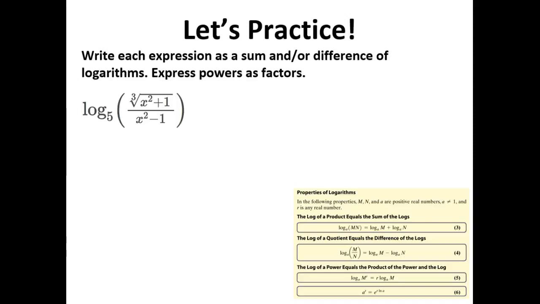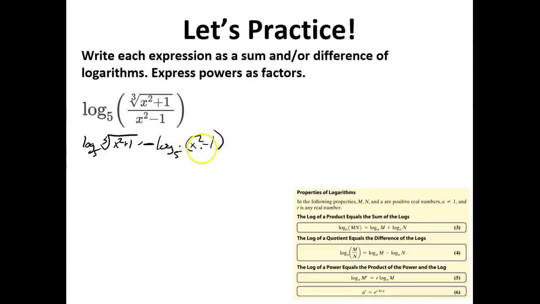Here, this one gets a little bit longer, but still doable. Here we have a quotient. We have something over top of something else. So that's log base 5 of cube root of x squared plus 1, that's the log of the top minus the log of the bottom, x squared minus 1.